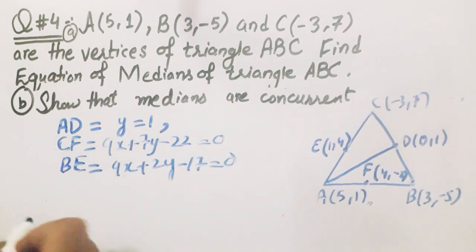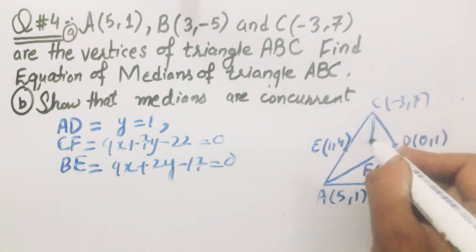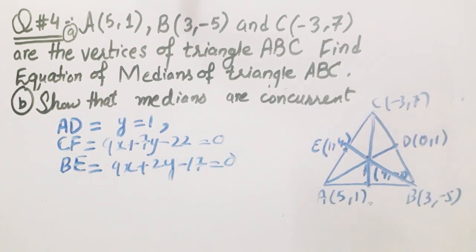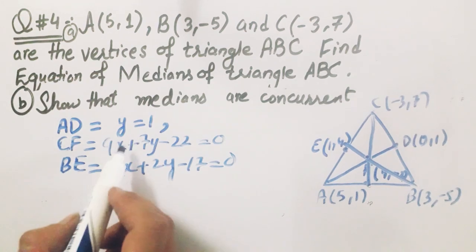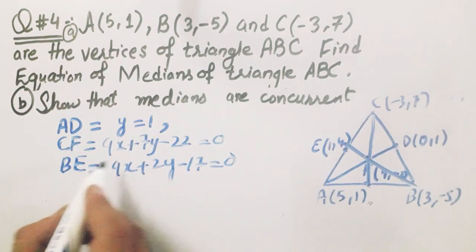Now for the B part, to prove this, we will find the intersection point of these lines. We will get the intersection point by taking y is equal to 1 and putting it in any one pair of these equations.